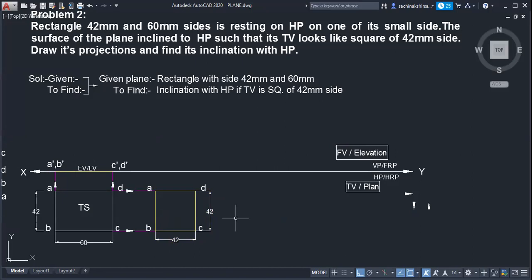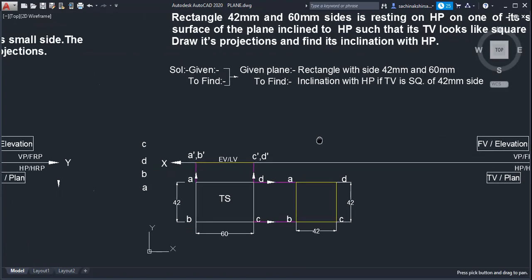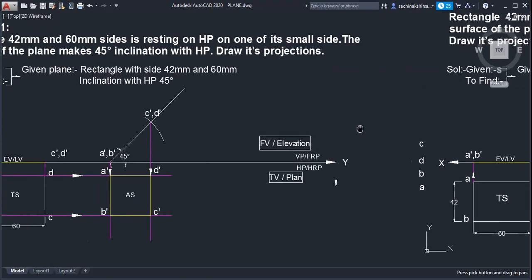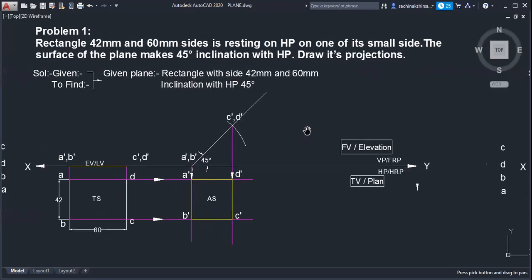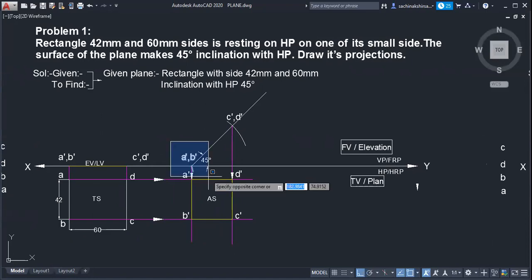Then what we have to do? One thing I missed telling in the last problem: the small side is on HP. Likewise it is given. In the last problem's statement it was mentioned that the plane is on its small side, which is AB.